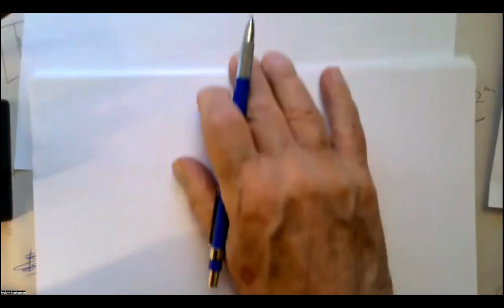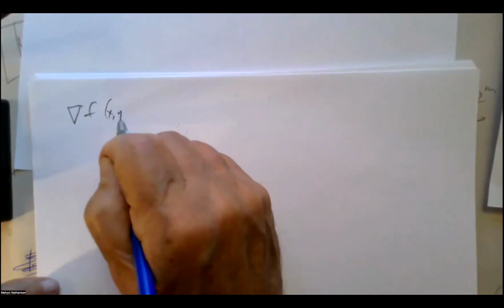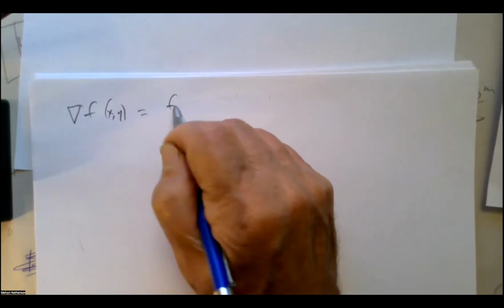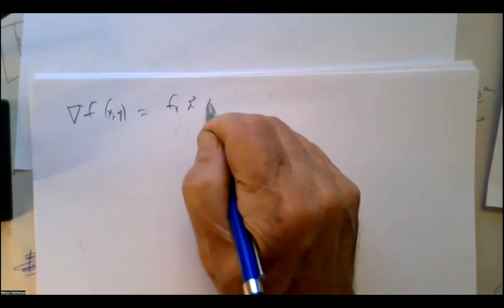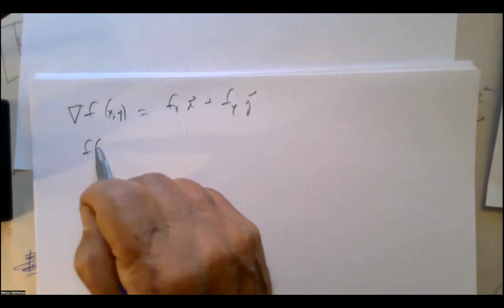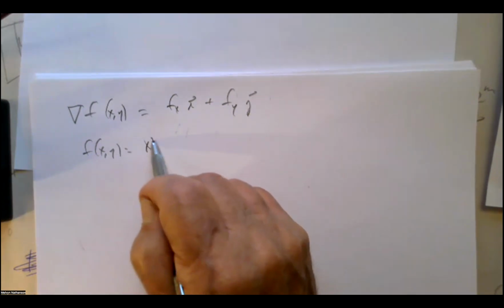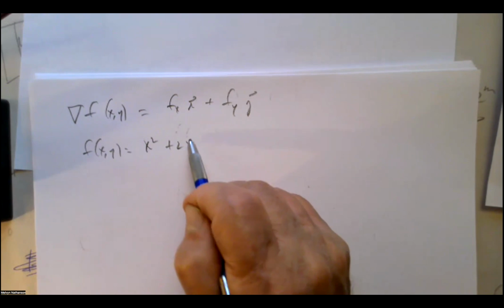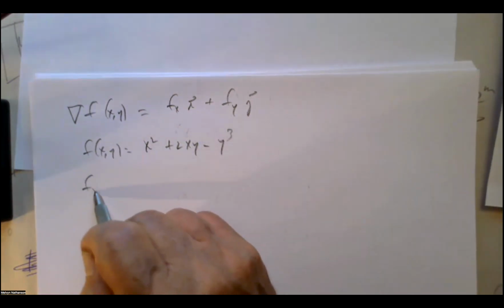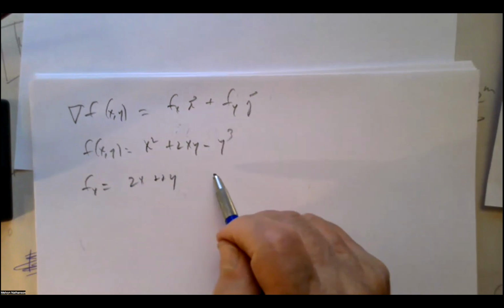Let me just do an example or two. So the gradient of f with respect to x and y is the partial of f with respect to x times i plus the partial of f with respect to y times j. So suppose f of x, y is equal to x squared plus 2xy minus y cubed. So the partial of f with respect to x is 2x plus 2y.